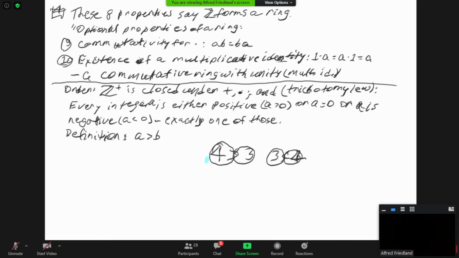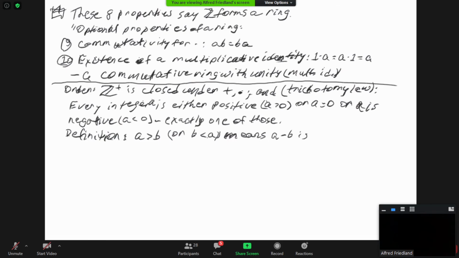So these are equivalent statements. A is bigger than B and B is less than A means that A minus B is in that category of being positive.